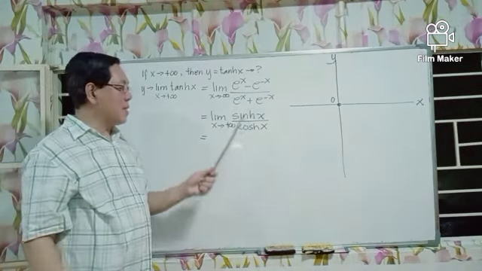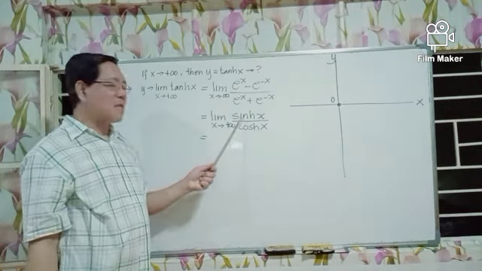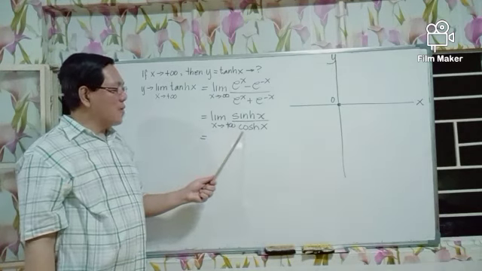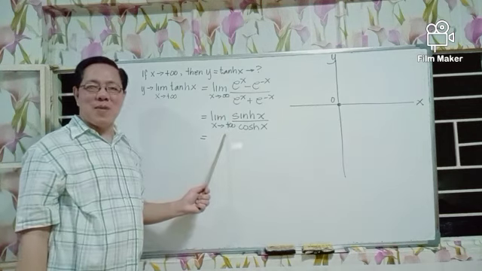And to evaluate the limit of this ratio, we take the limit of the hyperbolic sine of x as x approaches positive infinity, over the limit of the hyperbolic cosine of x as x approaches positive infinity.